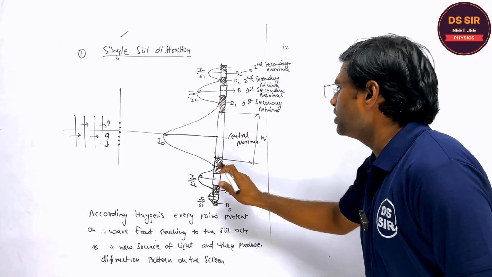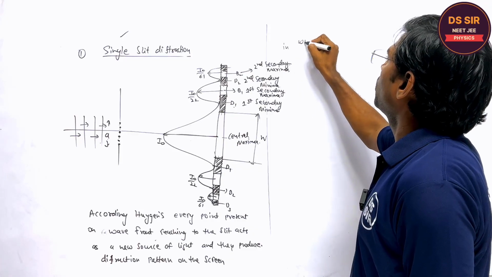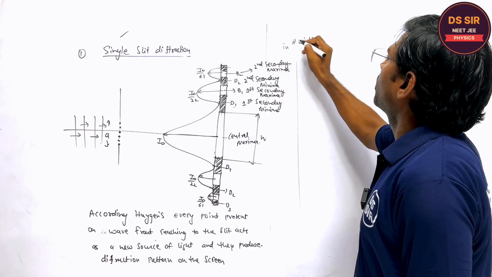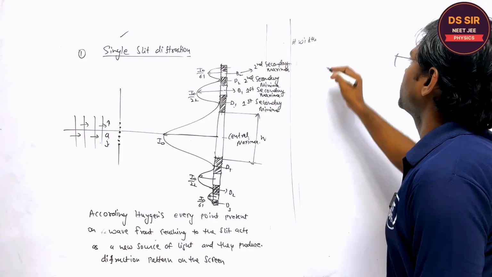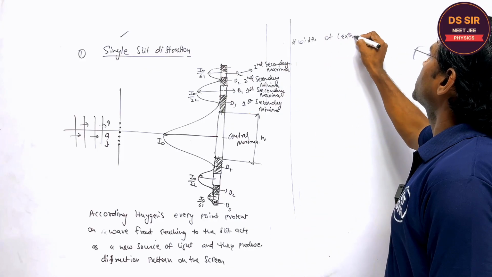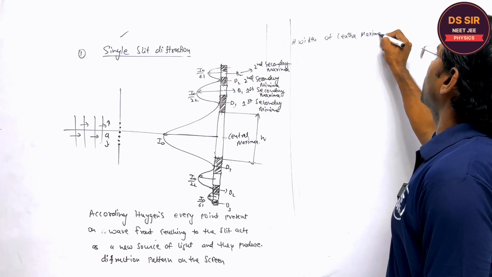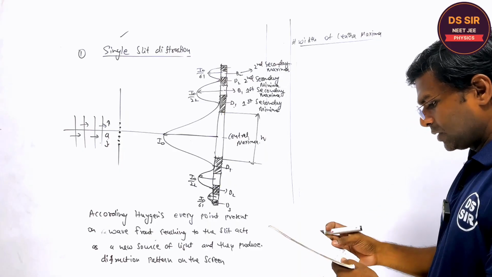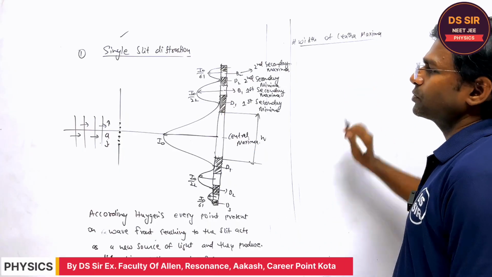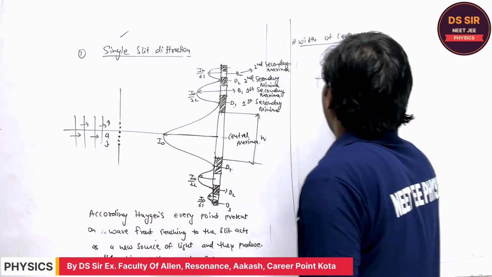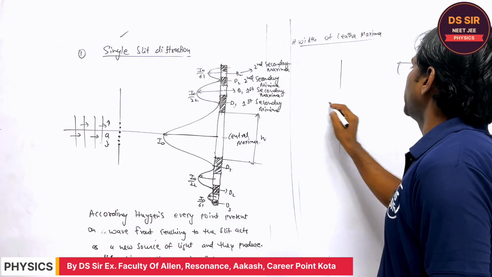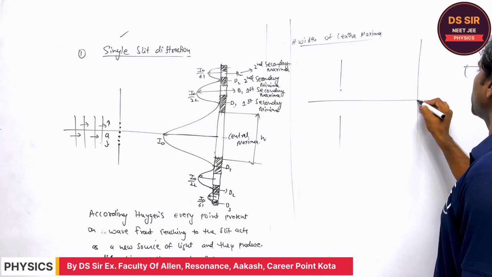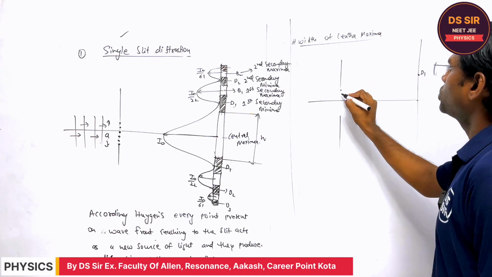So now we will do some calculation. The first calculation is the width of the central maximum. Do you understand or not? Listen one thing. Every point on the slit acts as a new source of light. If we consider this is the central maximum, this is D1.